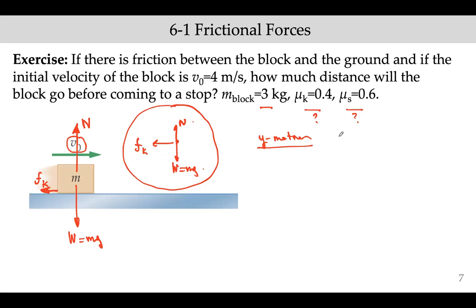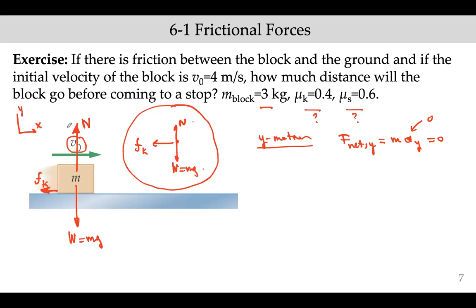So we will write F net y component equals m times the acceleration in the y component. Is this object going down or up? No, it doesn't. It's on the surface, so there's no acceleration in the y direction. Then this is 0, so F net equals 0. So what is F net? Let's choose a coordinate system, x, y.